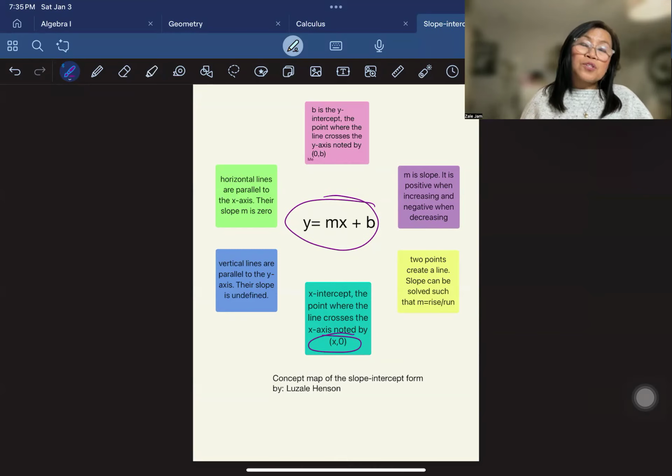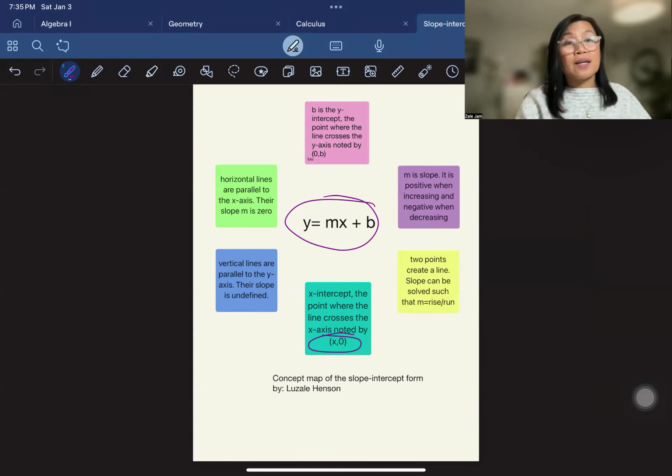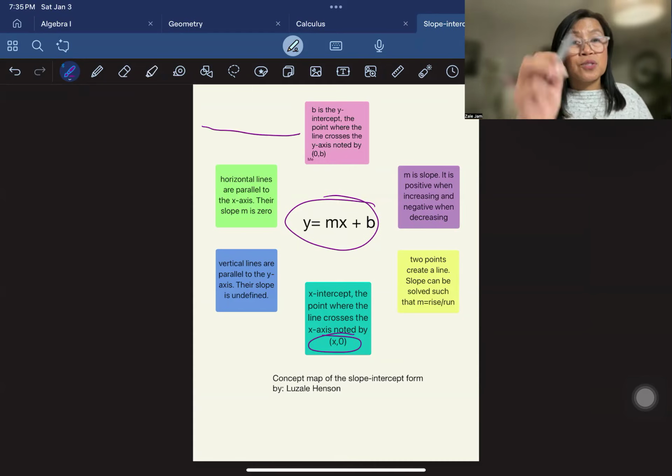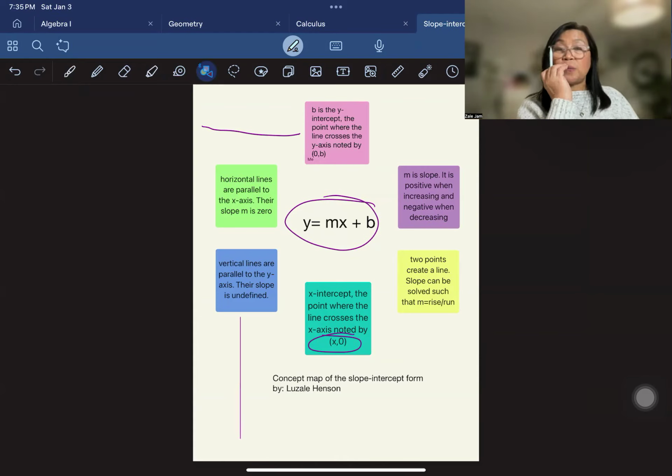We have also another thing that we've learned. Vertical lines are parallel to the y-axis. Their slope is undefined. Horizontal line, such as this one, slope is 0. Vertical line, such as this one, the slope is undefined.